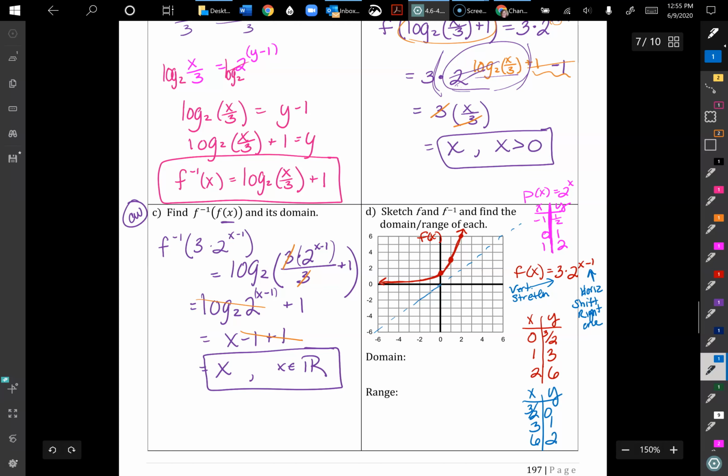So just swap out, this is my f inverse and this one is my f. So just to keep track of that. And then I'm going to have my points. I have 3 halves, 0. I have 3, 1, and I have 6, 2.